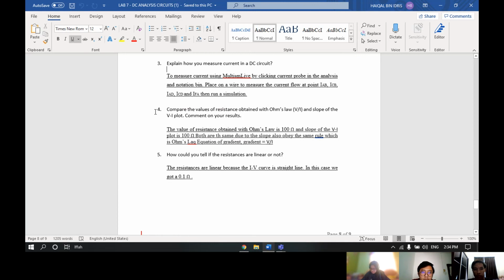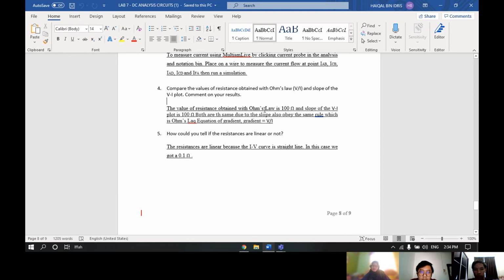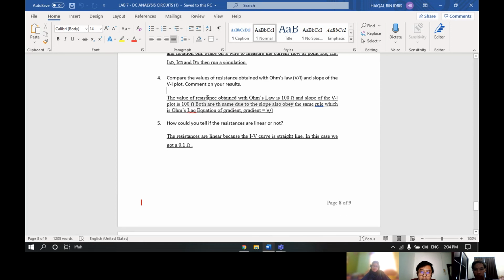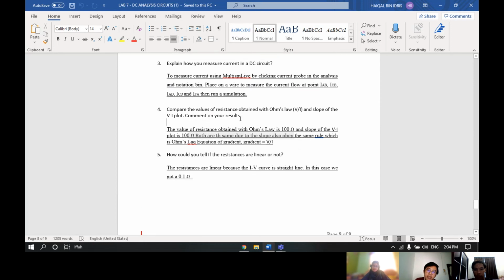Question 4: compare the values of resistance obtained with Ohm's law and the slope of the VI plot, and comment on your results. As Bahira said, the value of resistance obtained with Ohm's law is 100 ohm and the slope of the VI plot is 100 ohm.